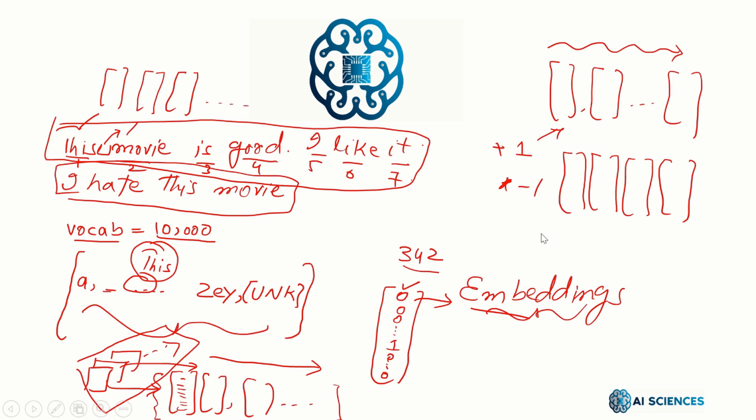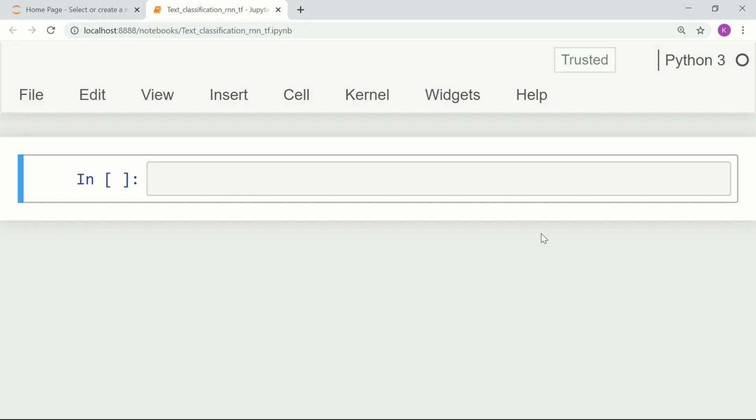Let's code that in TensorFlow. So let's go to TensorFlow and import certain libraries. By the way, if you do not have TensorFlow installed already, you can work on Google Colab, no problem. On my machine, I have TensorFlow installed, so I will work on the machine.